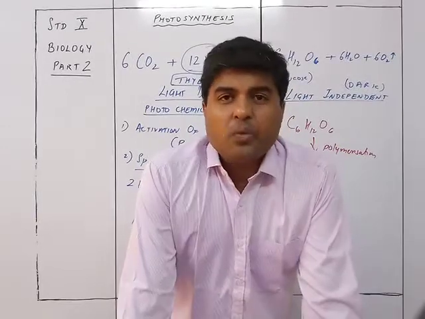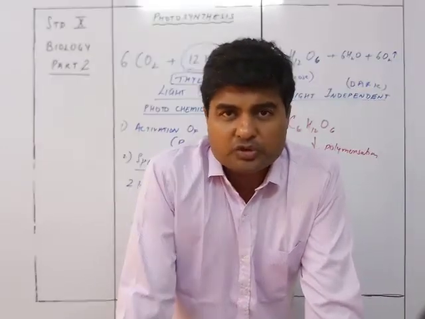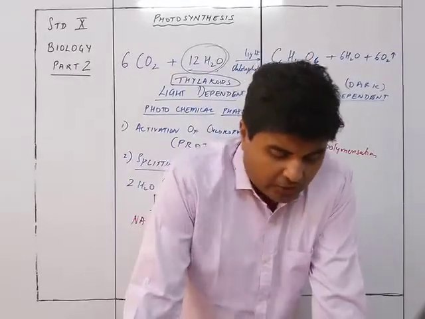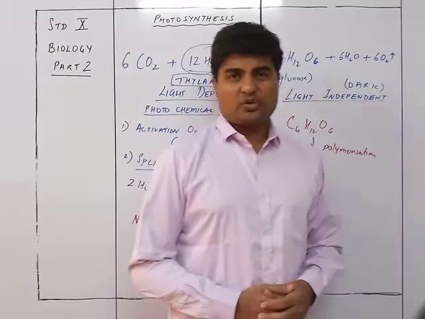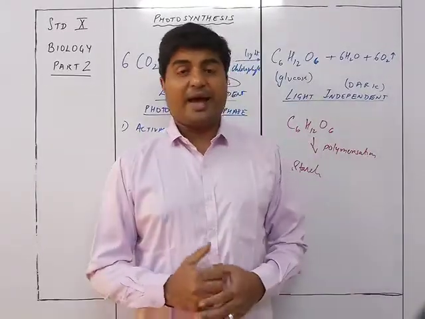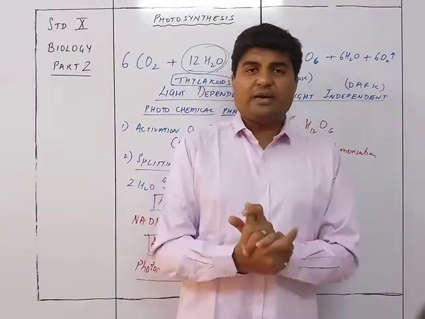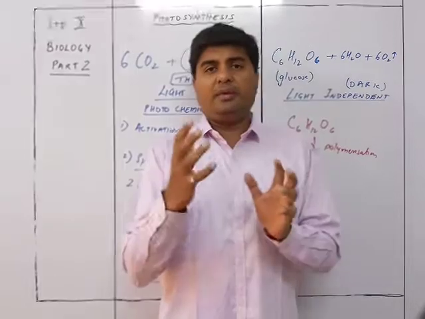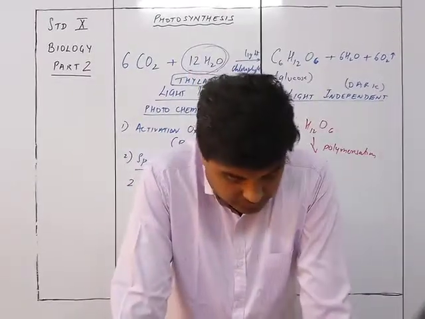Next we see what happens to the starch which is formed by the plant. First is utilization of synthesized food and its translocation. The plant is going to utilize some of this and translocate the starch or protein it has produced during photosynthesis.